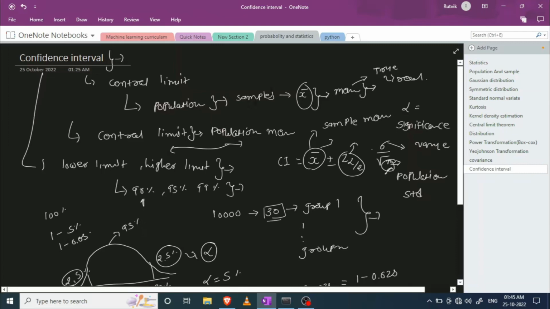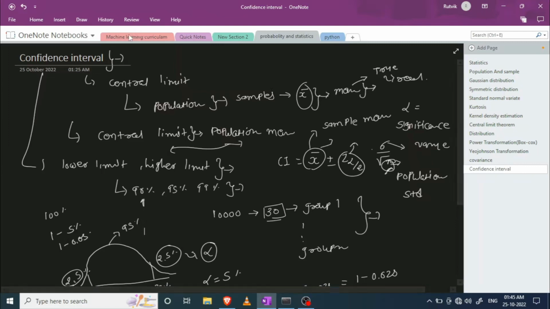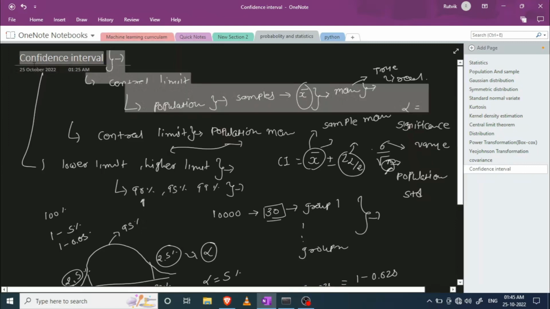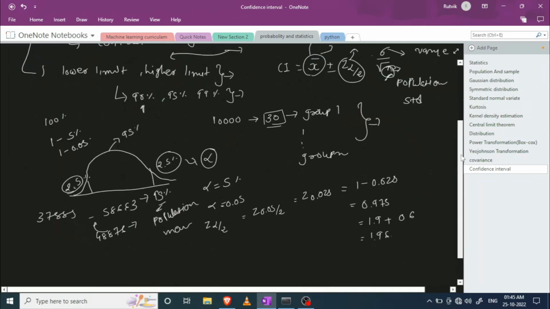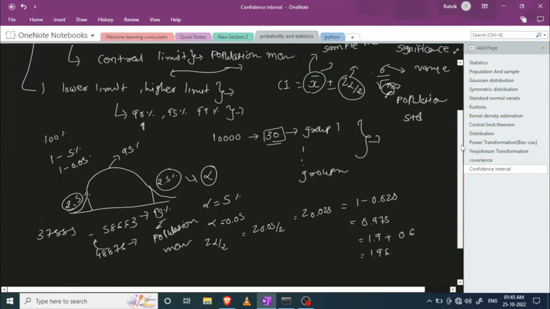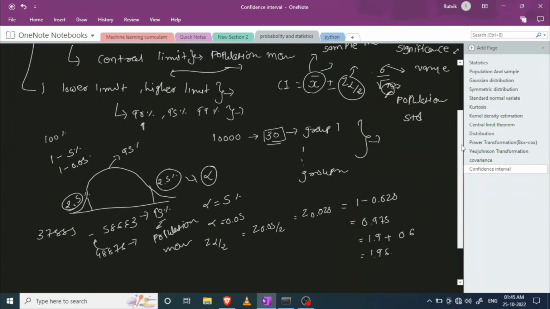But we want to check how confident we are about the mean that we have calculated on the basis of the sample distribution. So at that time we have another theory called the confidence interval. With the help of the confidence interval, we have some formula, and we perform such operations on the population standard deviation, z table, and sample mean, and we come up with some range and confidence about that particular range, right? So this is all about the confidence interval.